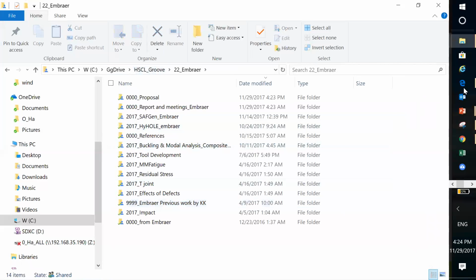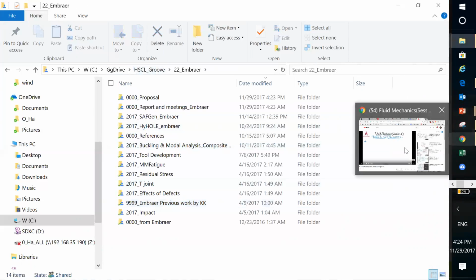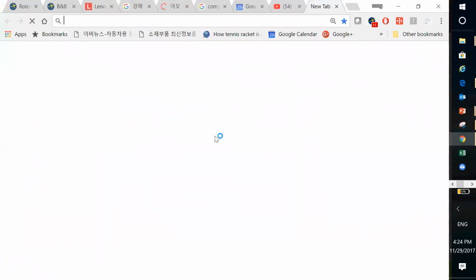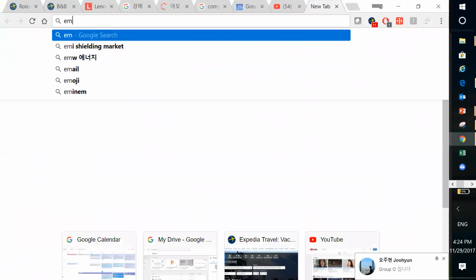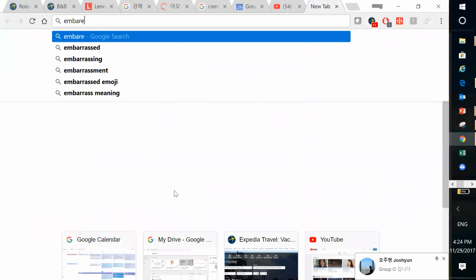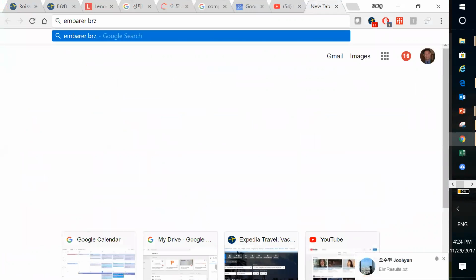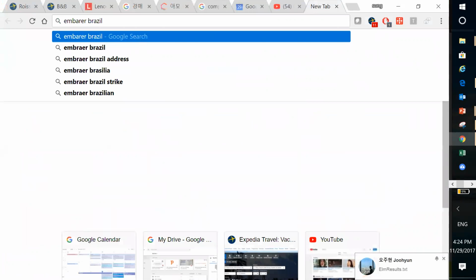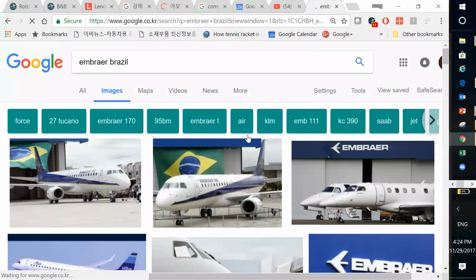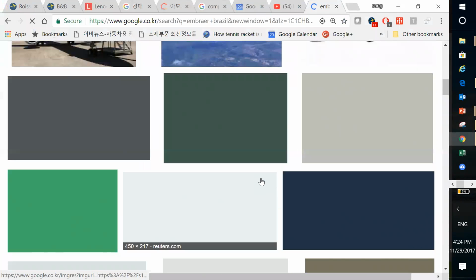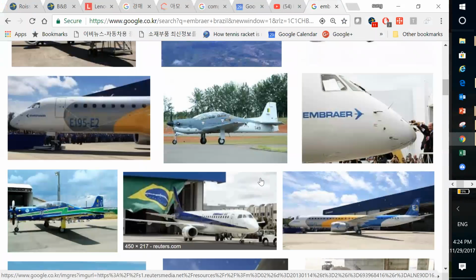Embraer is the third largest airplane company.